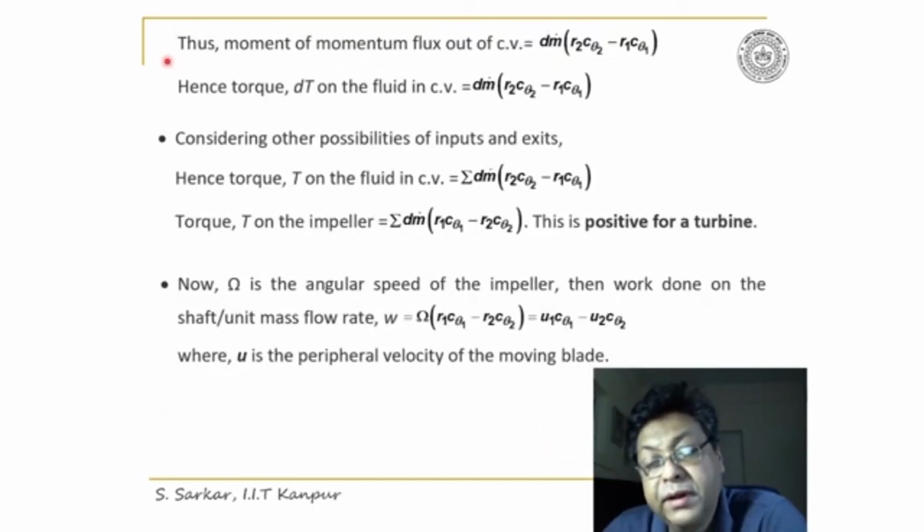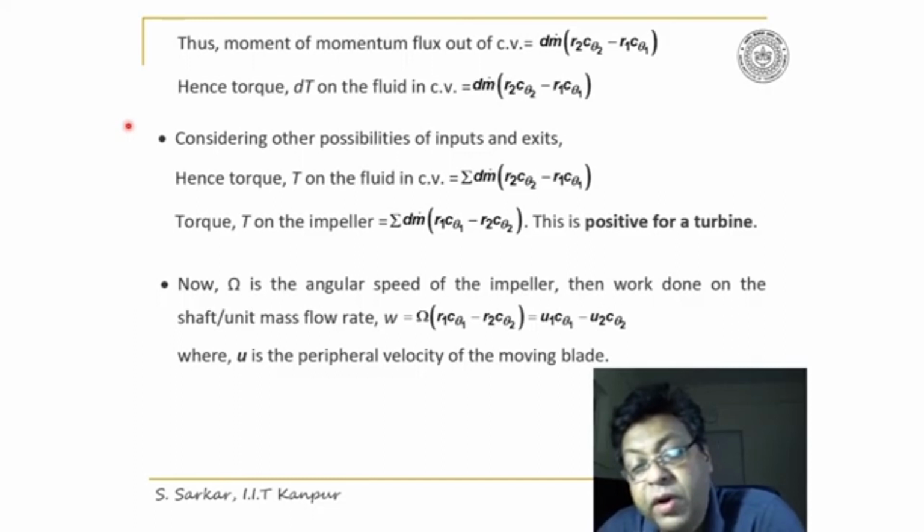Thus, the momentum flux out of the CV is equal to dm dot into (R2 C theta 2 minus R1 C theta 1). Hence, if dT is the torque on the fluid in the control volume, then dT would be equal to dm dot into (R2 C theta 2 minus R1 C theta 1).